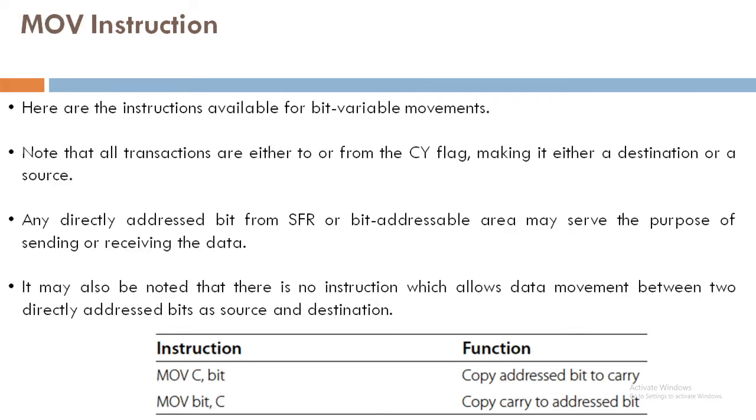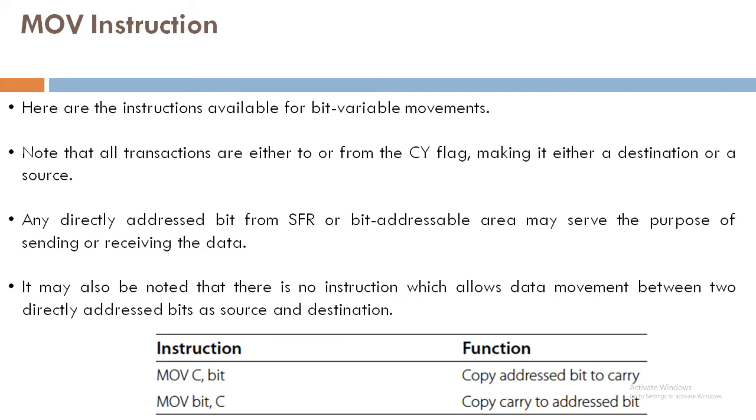Now if we talk about the move instruction, in this case for bit variable movement only we have MOV C, bit and MOV bit, C. These are the two instruction types or the variations available. Not all transactions are either to or from the CY flag, that is the carry flag, making it either a destination or a source.